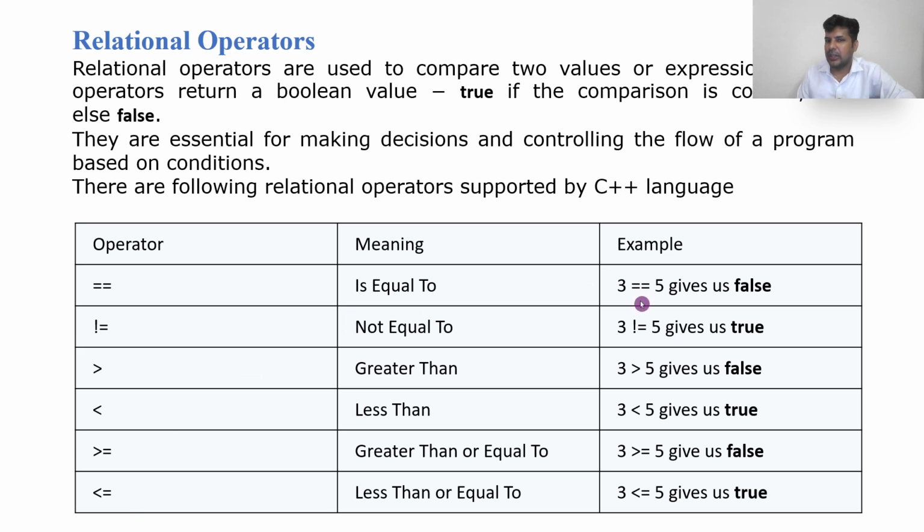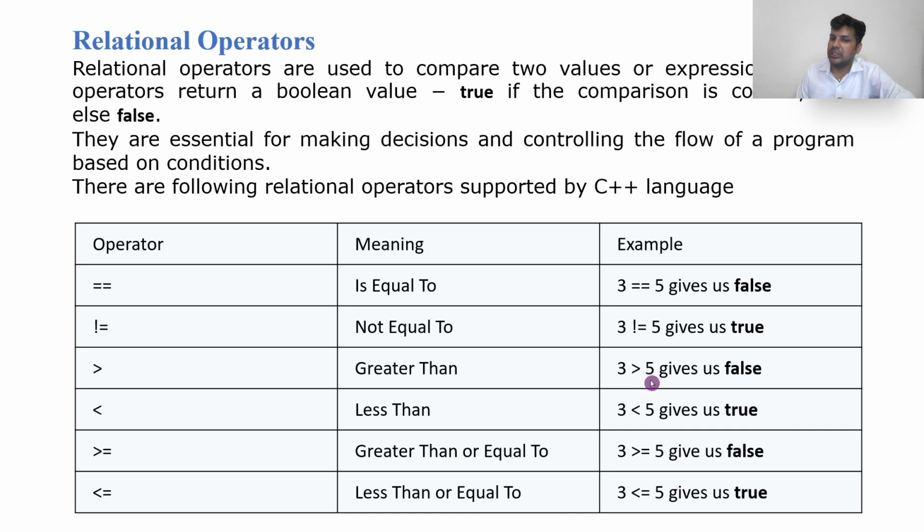For example, if I write 3 equal to 5, is 3 equal to 5? No, false. You will not get false directly, but you will get the result as 0. 3 not equal to 5, yes, so the result will be 1. So it will show the result as 0 and 1.